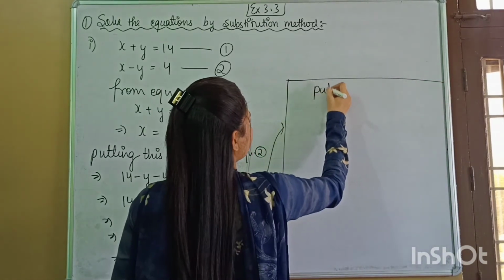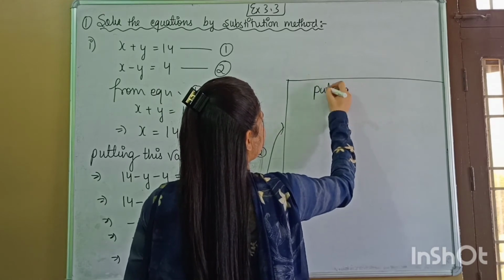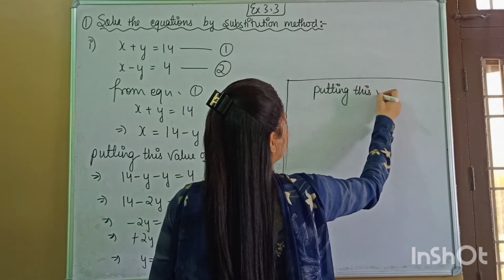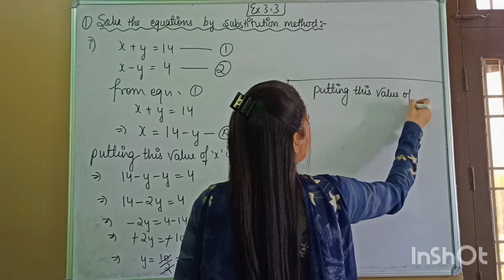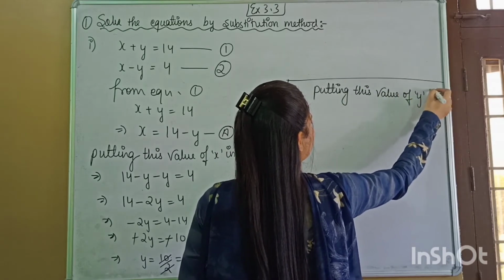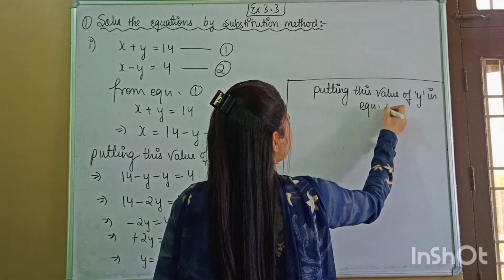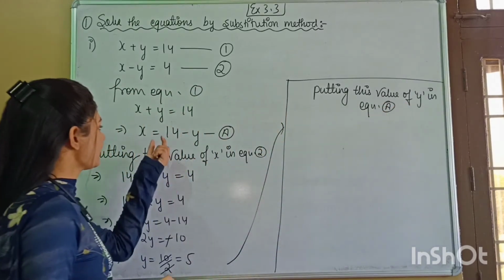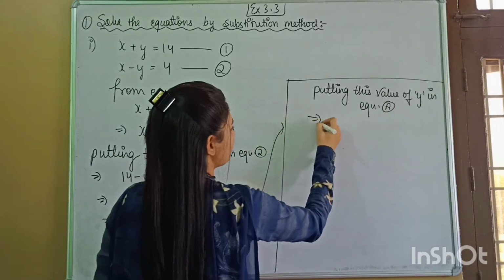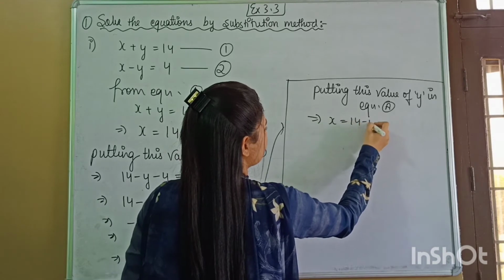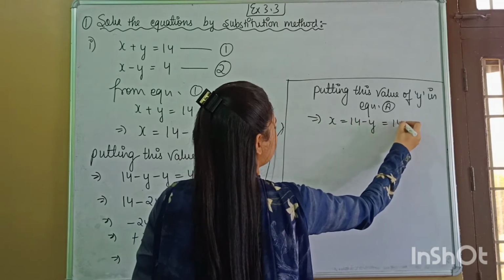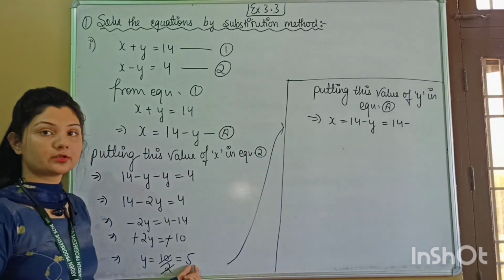So putting this value of y in equation A. What was the equation? X is equals to 14 minus y. So we get 14 minus the value of y was 5.